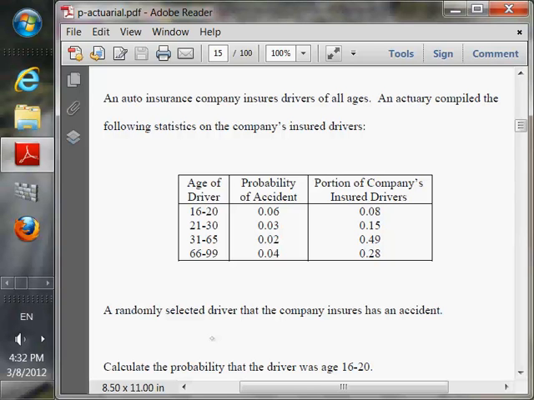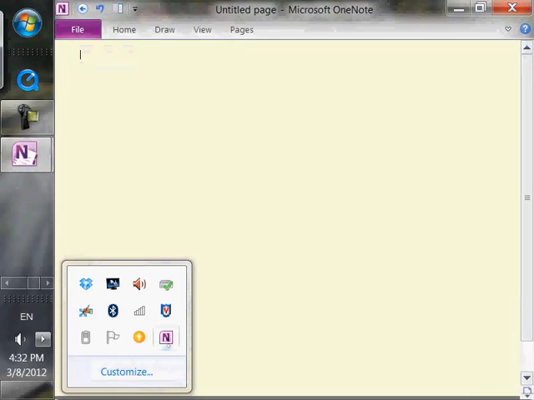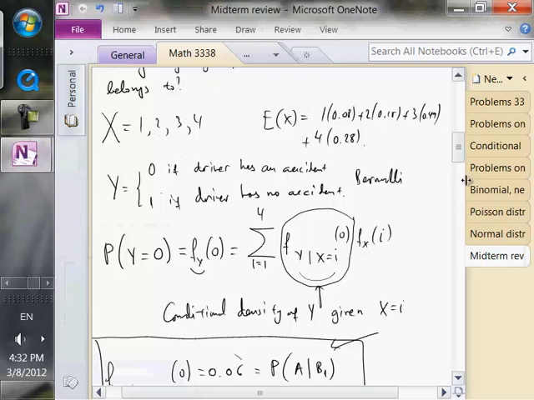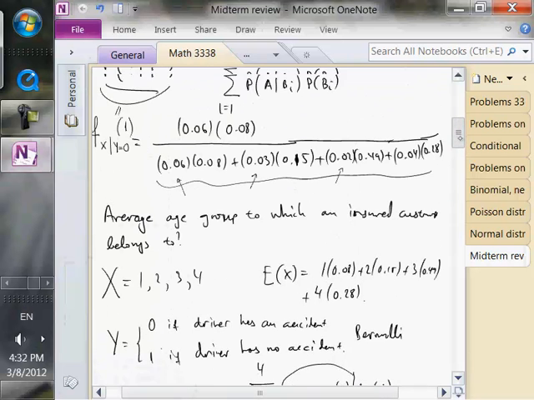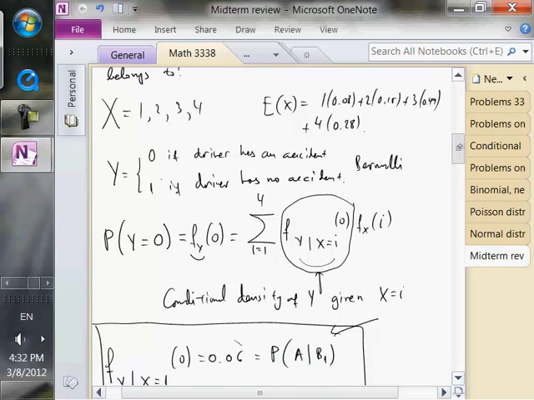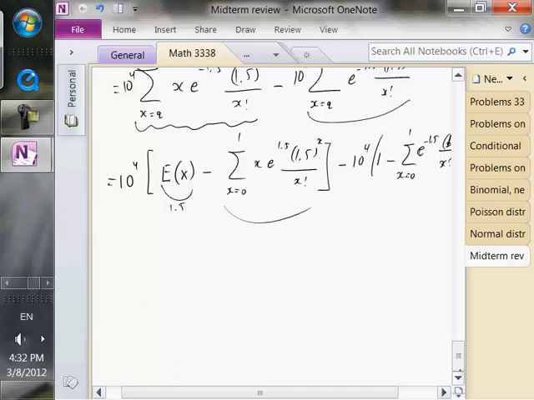Y takes only two values, 0 and 1. All right, so if we go here, what would you tell me? What are the values that you need to calculate?